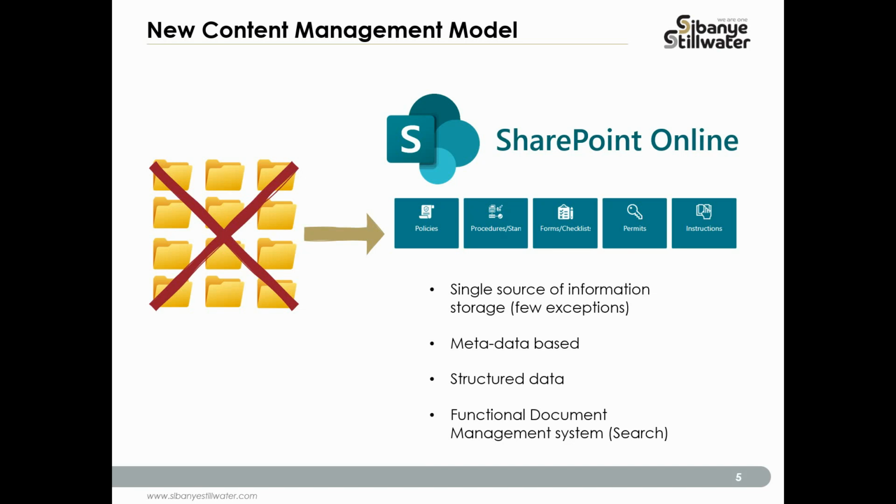In addition to that, the new content management model stores content in terms of function. So going forward, as the company changes with organizational structure changes and so on and so forth, the need to constantly change your SharePoint structures or your storage structures is reduced because of the fact that content is stored functionally instead of according to a reporting structure or hierarchy.